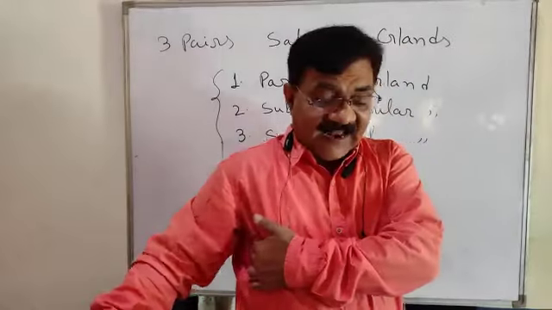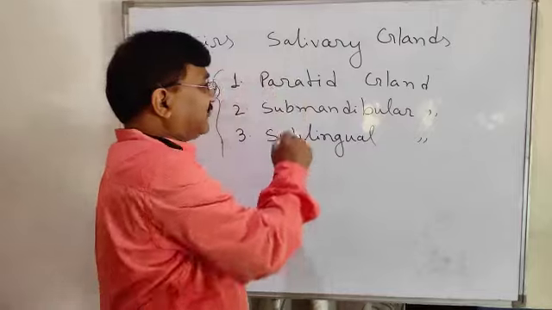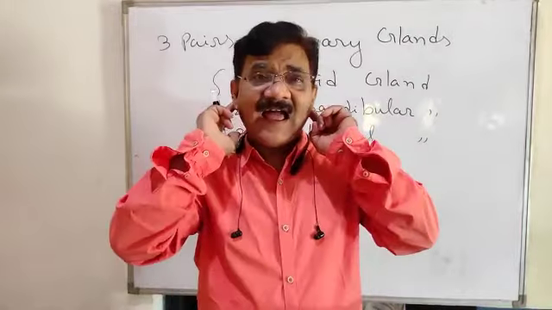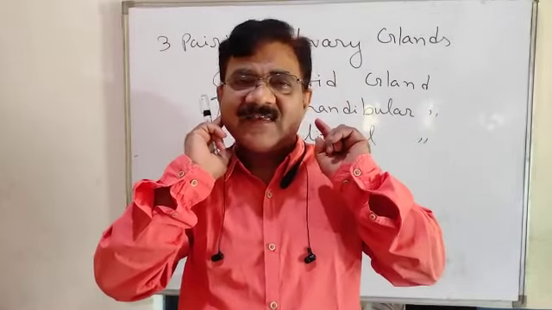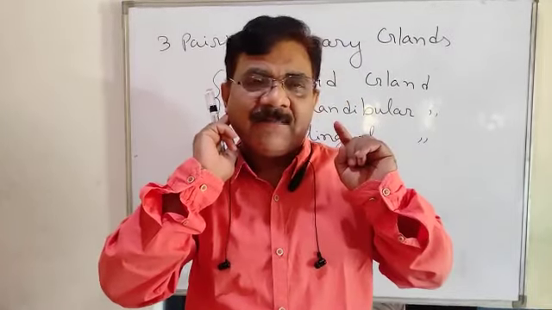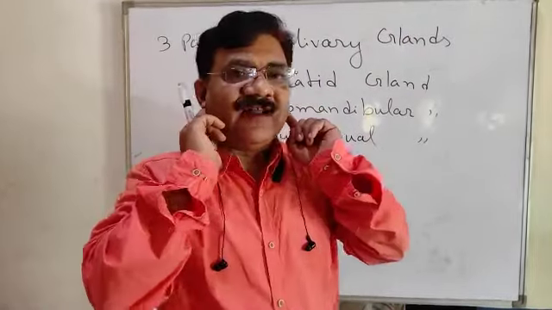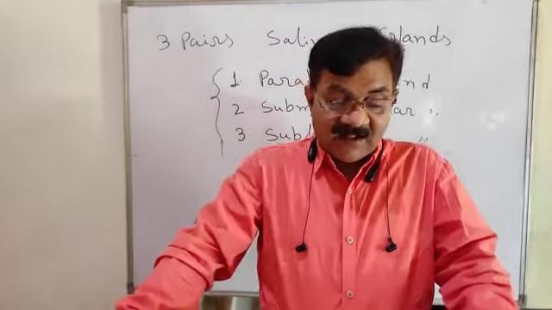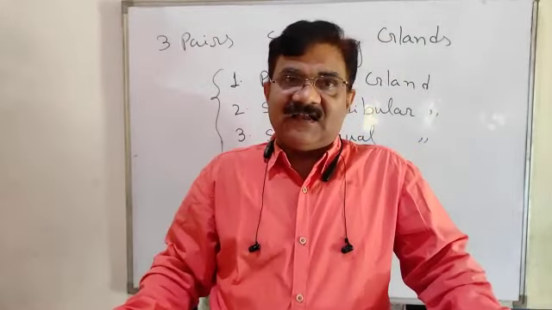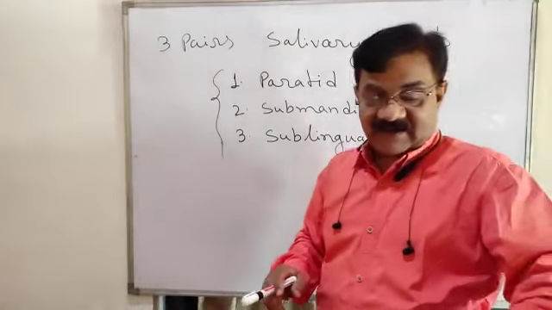The parotid gland is located in front of and beneath each ear, which means one parotid gland on this side and one on this side, in front of and beneath each ear. So that was the location of the parotid gland.